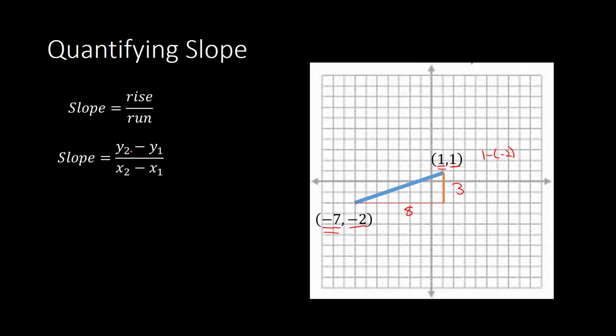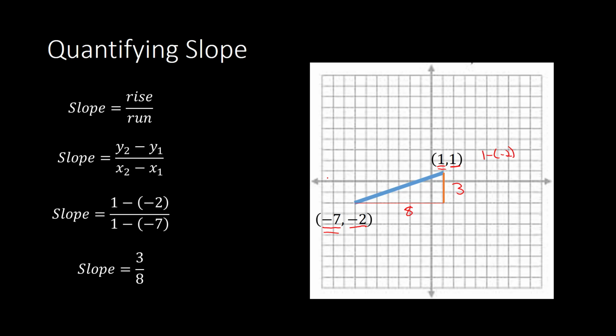It's just saying that you have your second y value subtracted by the first y value, and then your second x value subtracted by the first x value. So if you use these points, what you get would be 1 minus the negative 2 for the y values for the rise, and then 1 minus negative 7 for the run, which is what we just did. So when we do that, we're going to have a positive 3 over positive 8, and that is my slope.